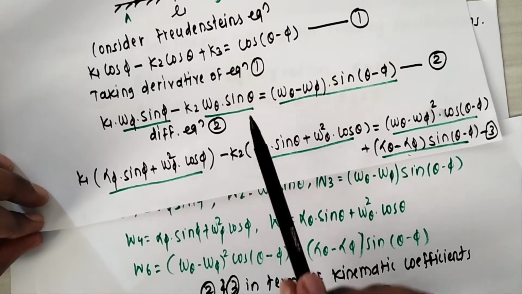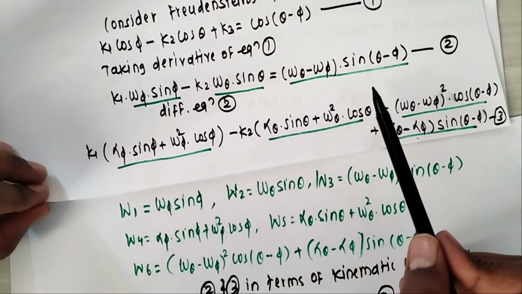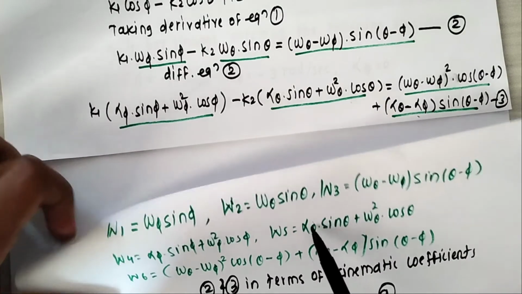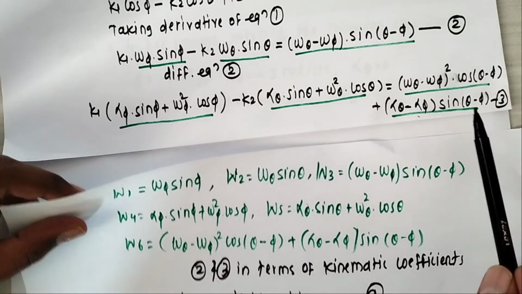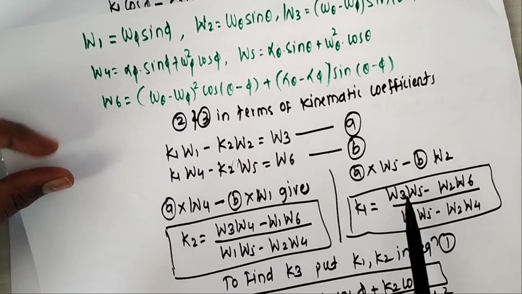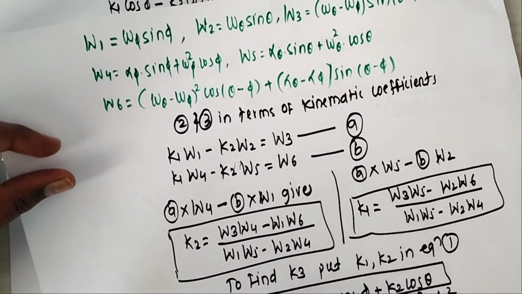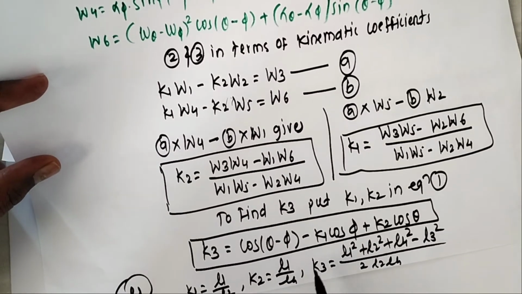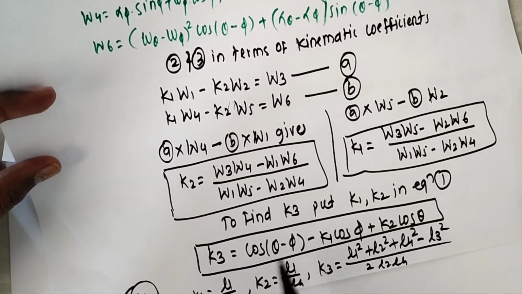Coefficients of K1, K2 and the right hand terms represent kinematic coefficients. Write kinematic coefficients, then write equations 2 and 3 in terms of kinematic coefficients, and solve them to obtain K1 and K2. Once you obtain K1, K2, get K3 from Freudenstein's equation. Then by using these equations, obtain L1, L2, L3, L4. This procedure we already know.